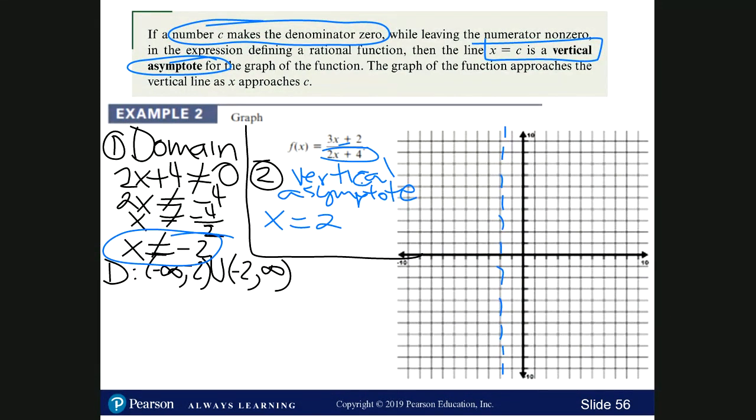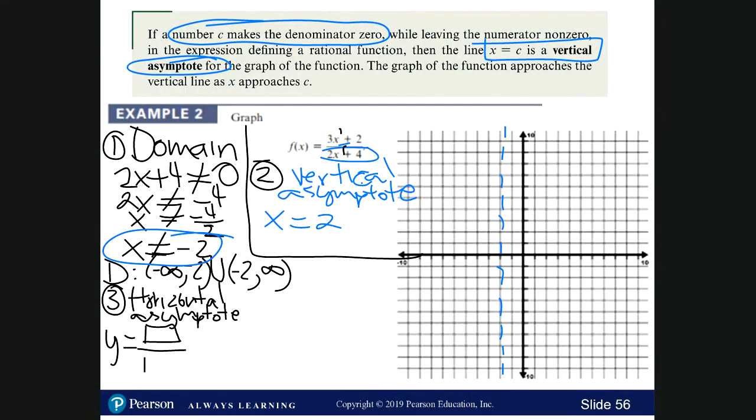So next step I'm going to do is find the horizontal asymptote. And with that, going back to the equation, we have the degree of the numerator is a 1, denominator is also a 1. And so we have same degree. And so by default, the horizontal asymptote is going to be the ratio of the two leading coefficients.